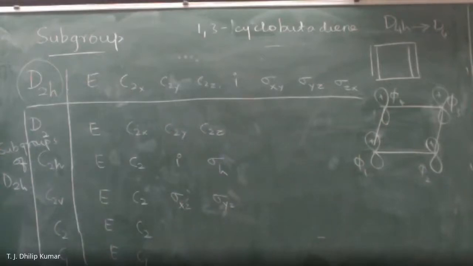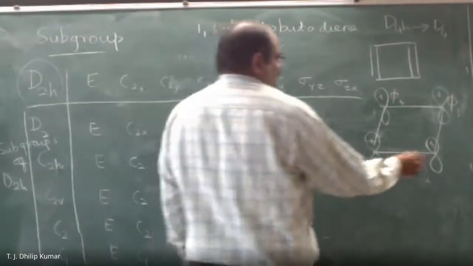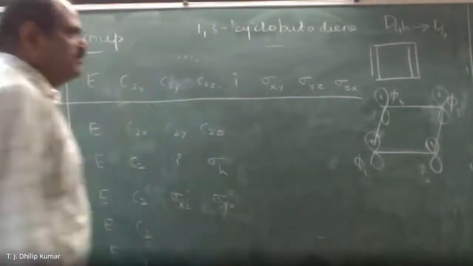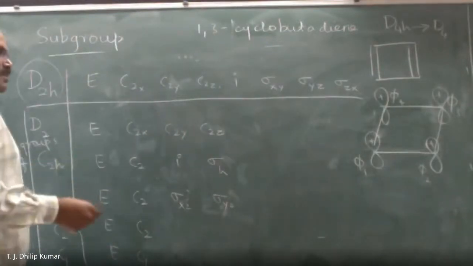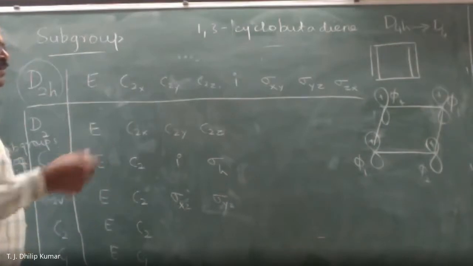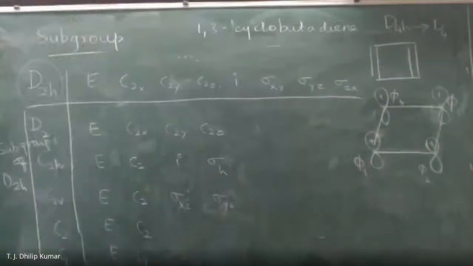After writing the reducible basis set, you find the irreducible representations. Then you perform the projection operator method with respect to the IRs present. Once you get the projection, you get the 4 wave functions, because φ1, φ2, φ3, φ4 are there.